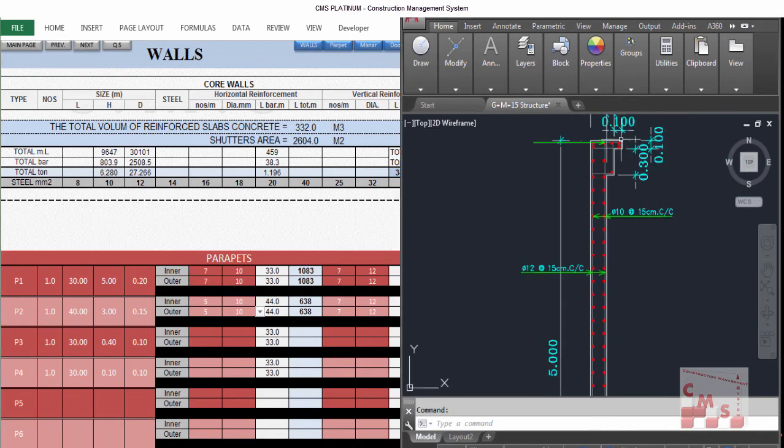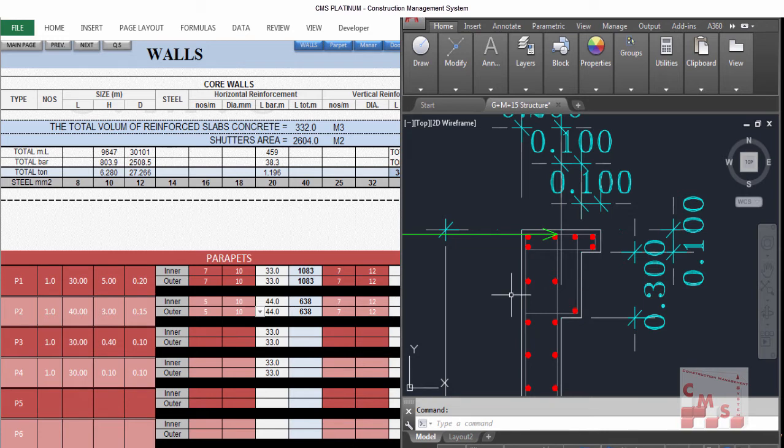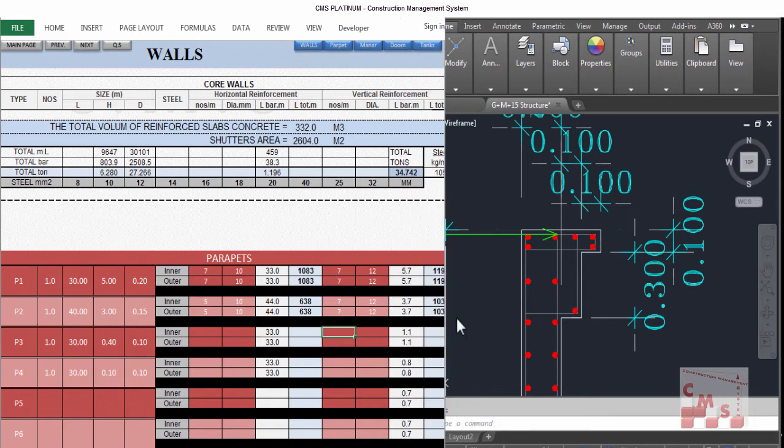If we talk about the projection now, which we entered before, we can say the same. We have here only two pieces in the 30 cm height. We have the same vertical 6.7, 12 mm in both directions, inner and outer, and the same 10 mm horizontal, inner and outer.